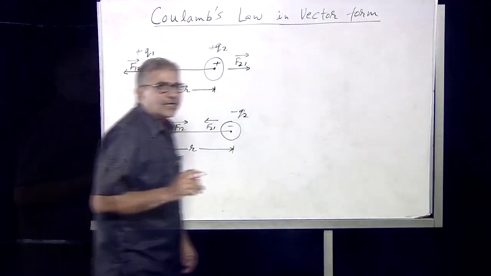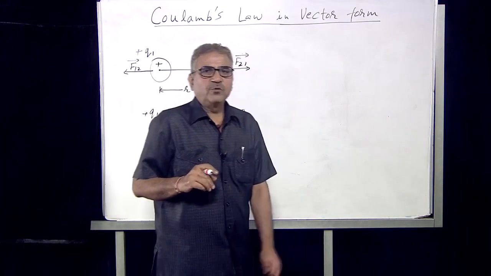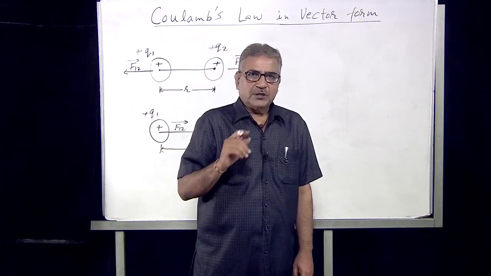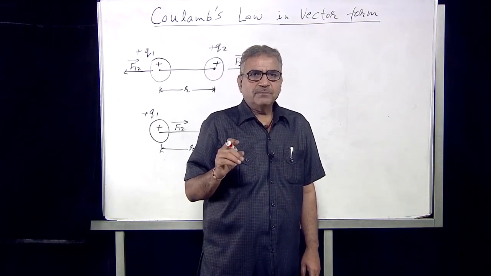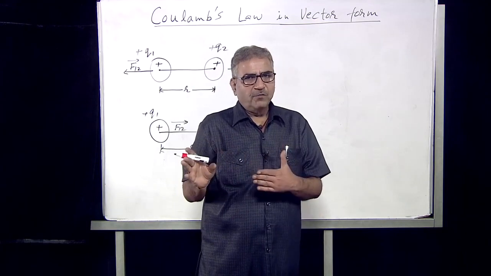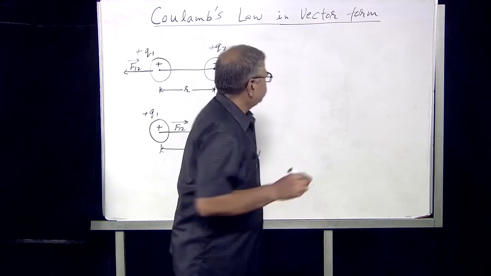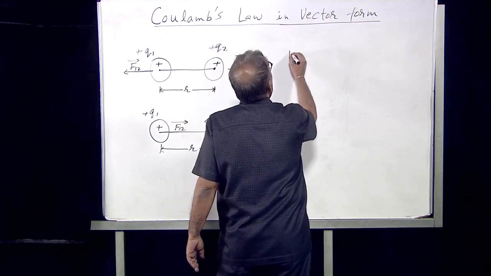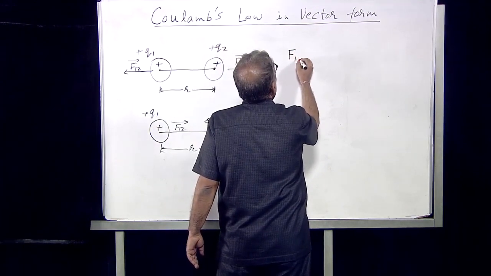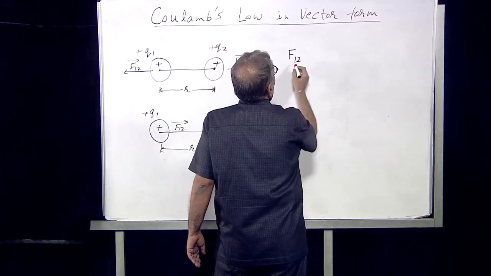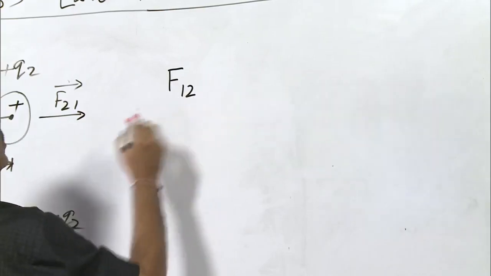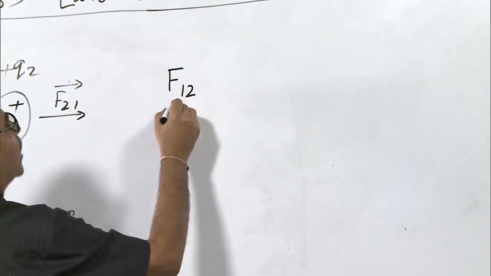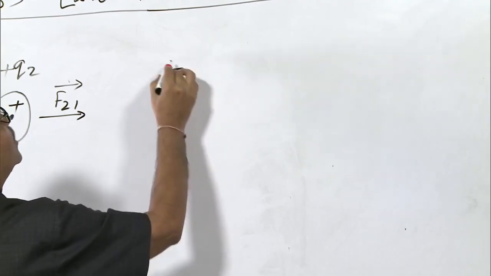Now, we will understand these F12 and F21 in terms of equations. Let us write equations for F12 and F21 in the vector form. F12, force on 1. This subscript 1, 2 denotes that this is the force on charge 1 due to charge 2.